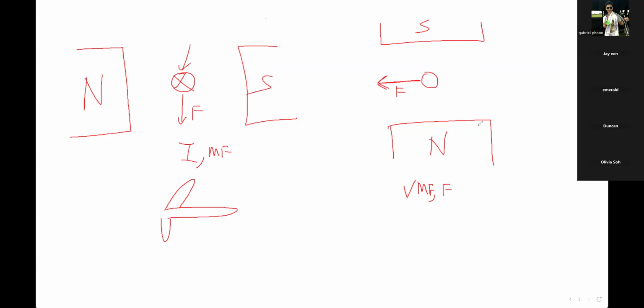Once again, your index finger is pointing upwards, your thumb is pointing to the left. If you open up your middle finger, you'll notice it points into the screen, which indicates that the current is going inwards, guys.